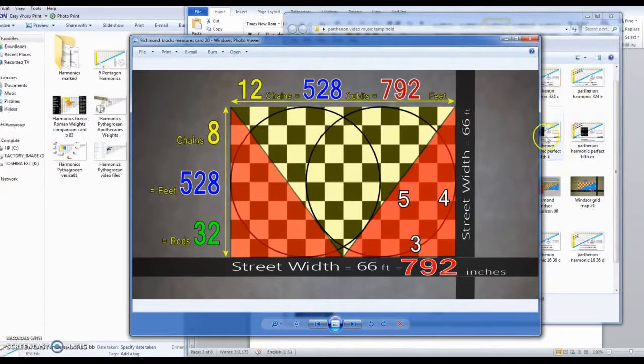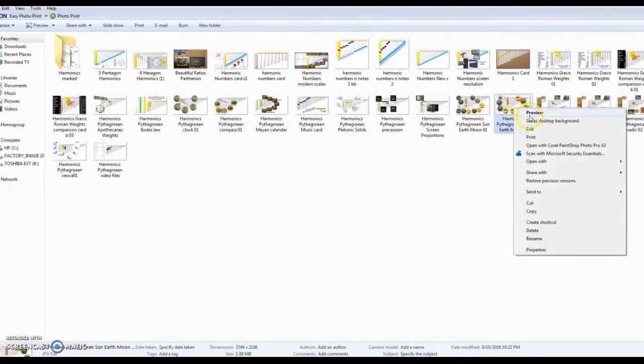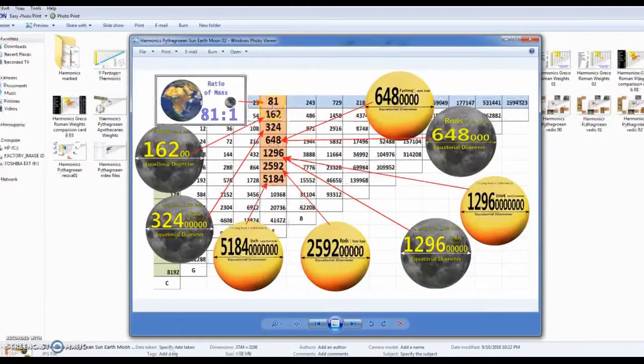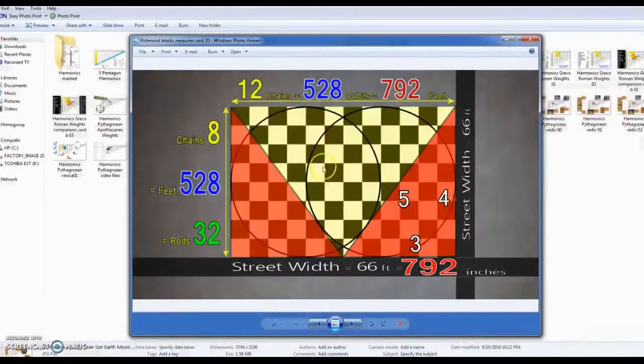If we go back to this chart, you'll find, for instance, these numbers here are based on 81, so 81, 162, 324, etc., whereas these are based on 27. However, this particular system is based on 33. By that I mean if you keep reducing, 528 divided by 2 divided by 2 divided by 2 will come back to 33.